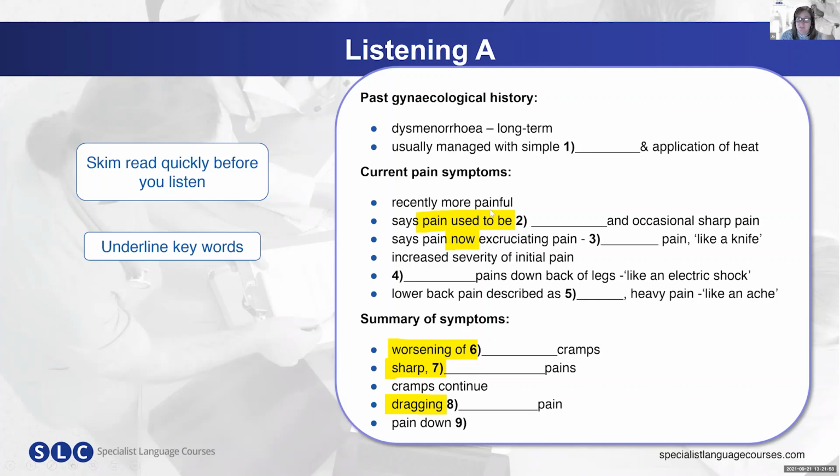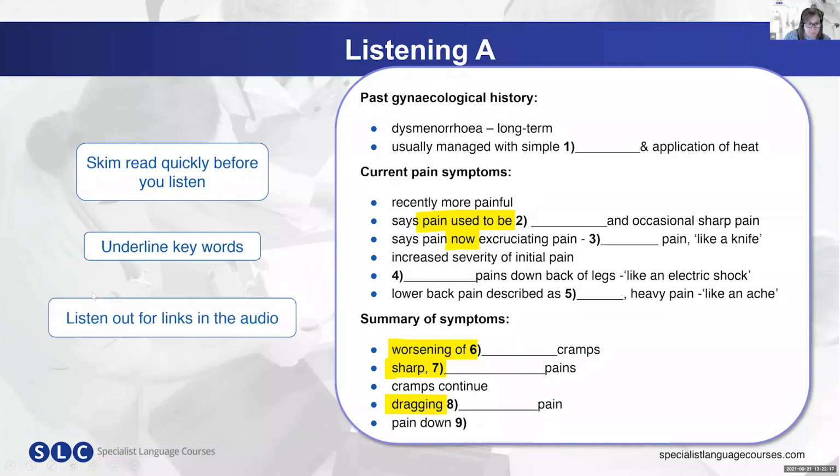So you listen out for links to those keywords. You're writing down how the pain used to be and how the pain is now. Similarly in summary of symptoms, you've got these keywords: worsening, sharp, and dragging. Paying attention to those can help you keep your place, and listen out for links to them in the audio.